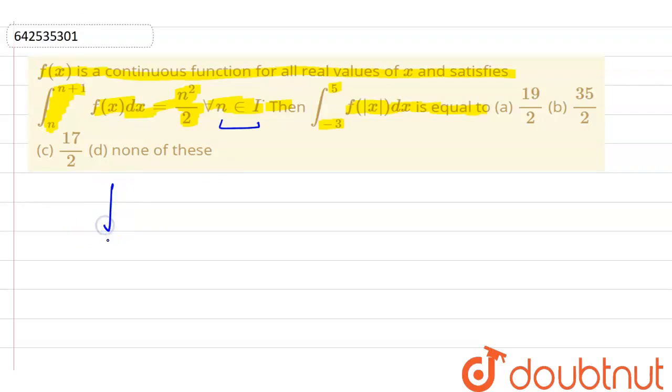Just remember n is an integer here, right? So we have the integration from n to n plus 1 of f(x) dx as n square by 2, where n is an integer.